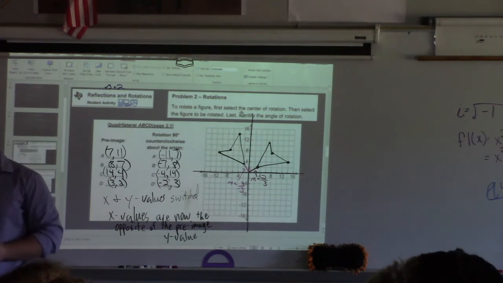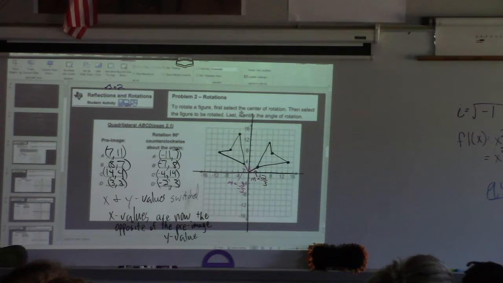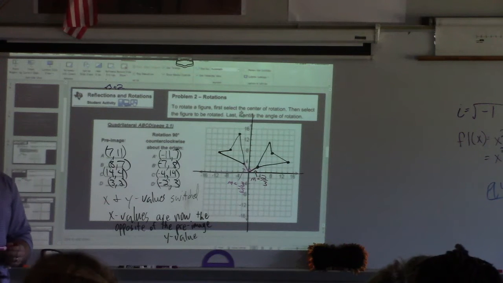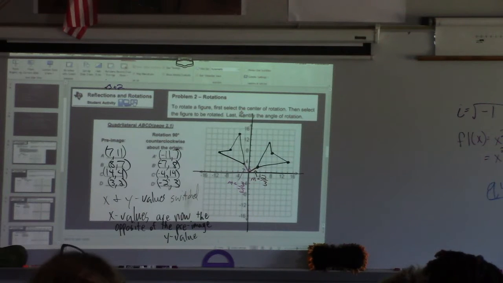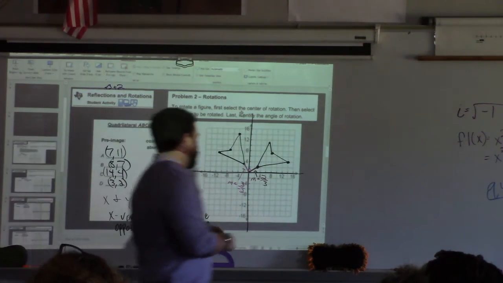That is why the x and the y are flipping like that, because the only way to get those perpendicular line segments is for the x and y to switch, and for one of them to become the opposite. So I want you to notice and make a note to yourself here.